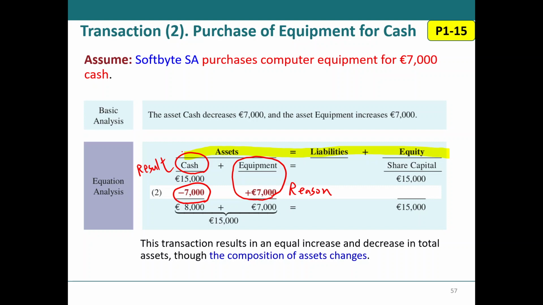Okay? After that, don't forget to double check it. How to double check it? Left equals right, right? So for your left, minus $7,000 plus $7,000. So what's the total final number? 0, right? So based on your left, you look at these two numbers, you find out it is 0. How about your right?